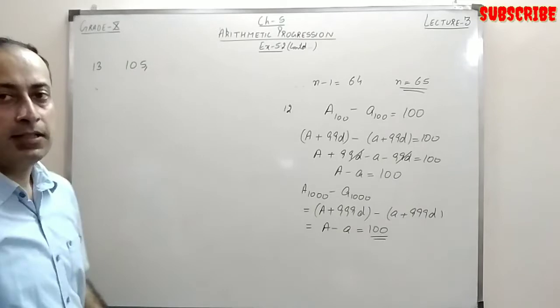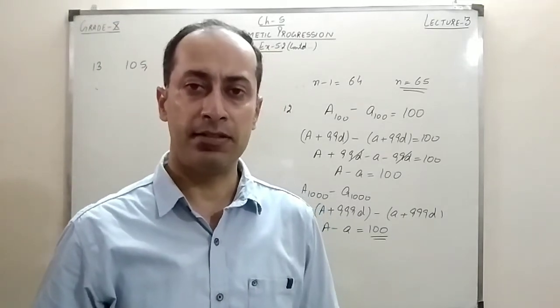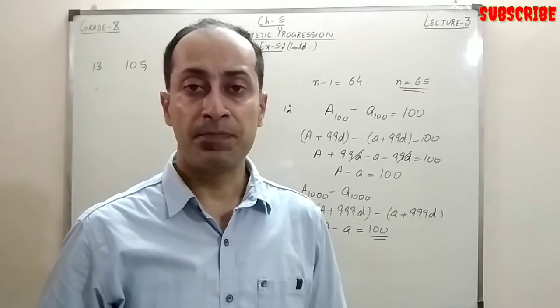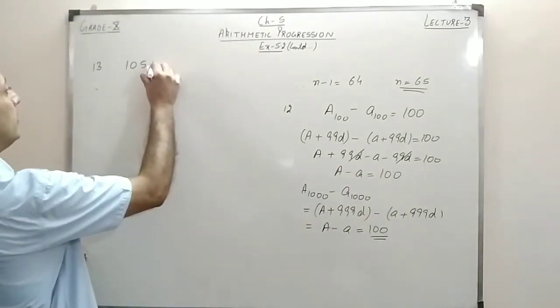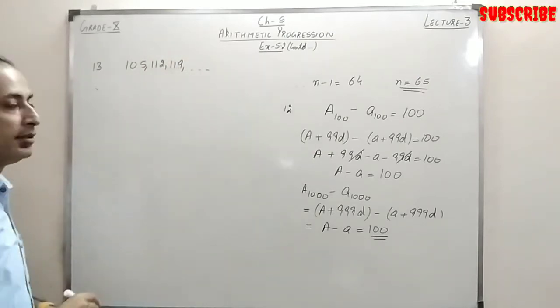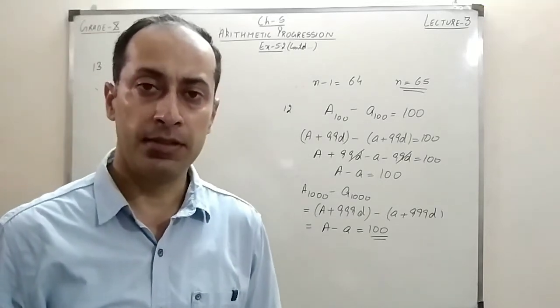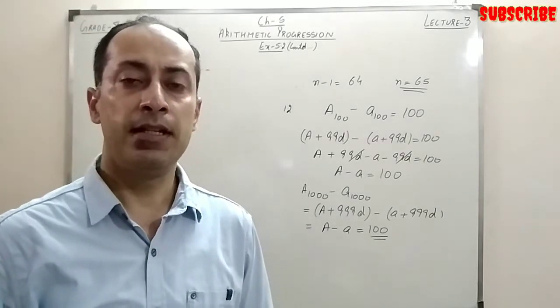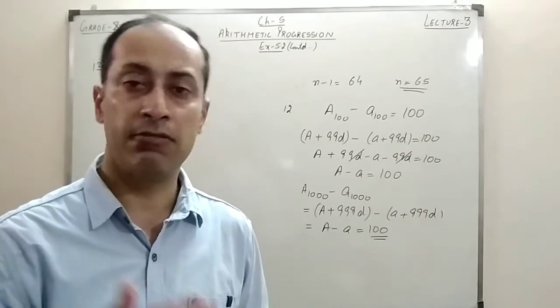And obviously, since 105 is divisible by 7, the next number coming in the sequence would be 7 more than this. That means it will be 112, then 119, and so on. Now I have to find the total number of 3-digit numbers which are divisible by 7. It means I should also have the last 3-digit number which is divisible by 7.